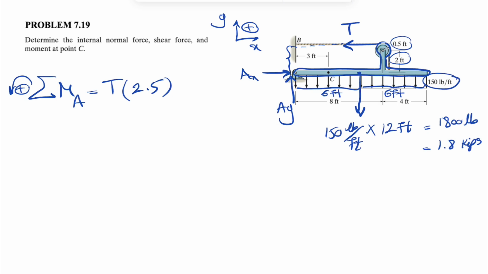And we're going to have the moment of the distributed force, which is in this direction. This one is clockwise, so negative 1.8 times the distance.